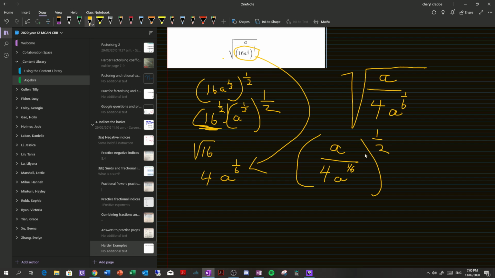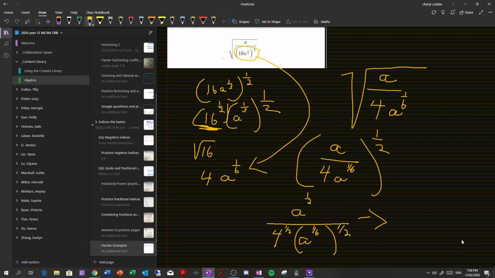So the whole thing is to a half, so we can rewrite this as a to the 1/2, and down below we can put this whole thing to 1/2: 4 to the 1/2 times a to the 1/6, all to a 1/2.